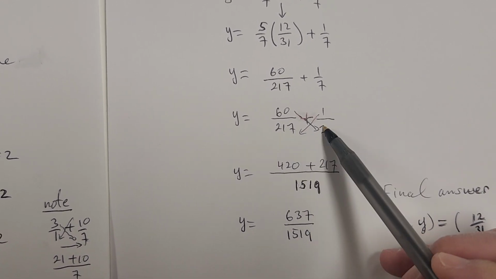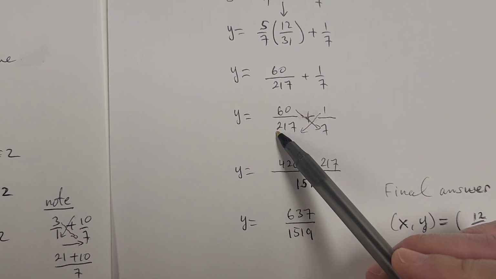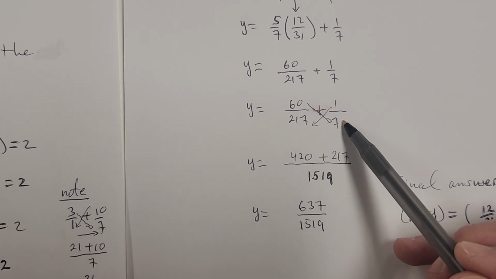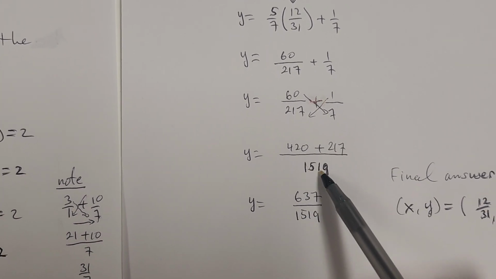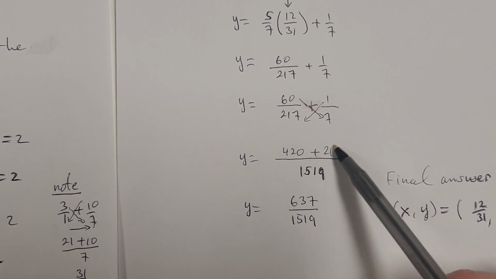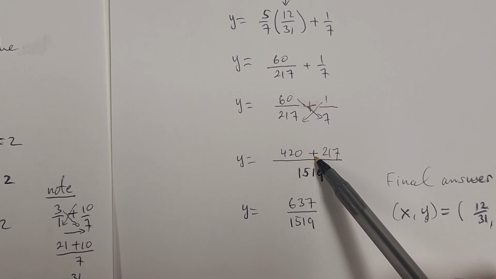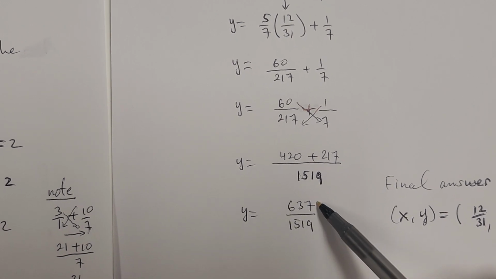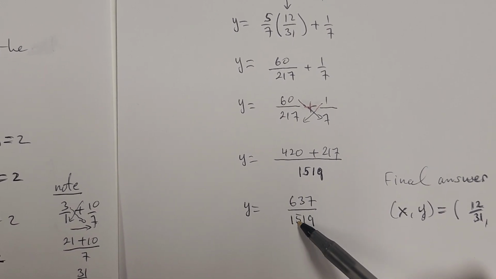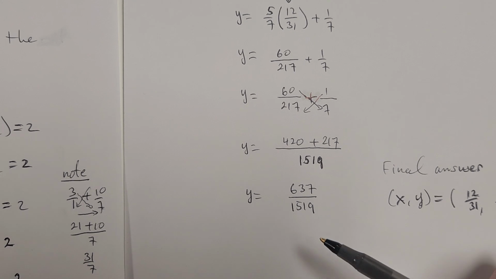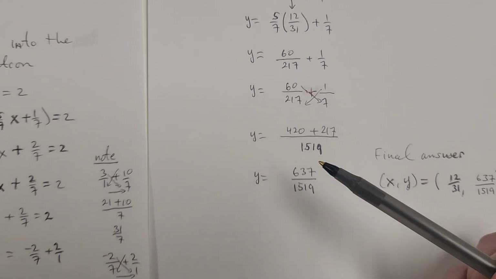Multiply the bottom, 217 times 7, which is 1519. At the top, 420 plus 217 gives me 637 over 1519. So this is our y answer.